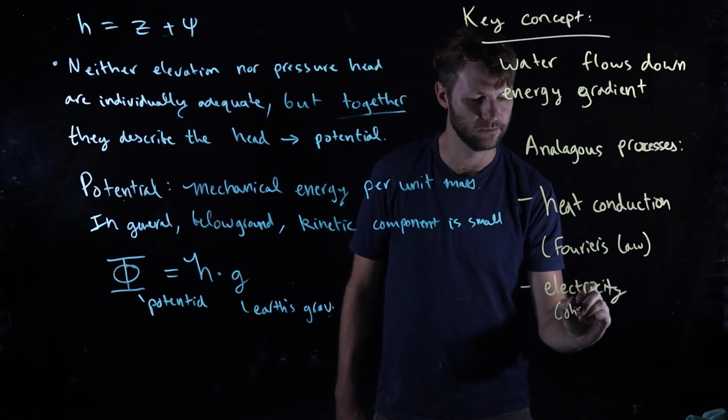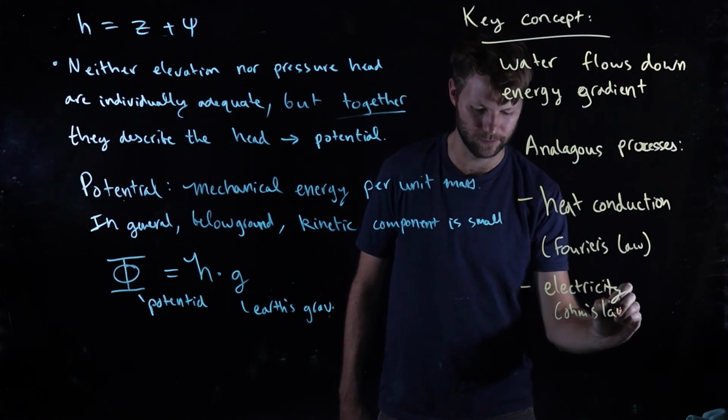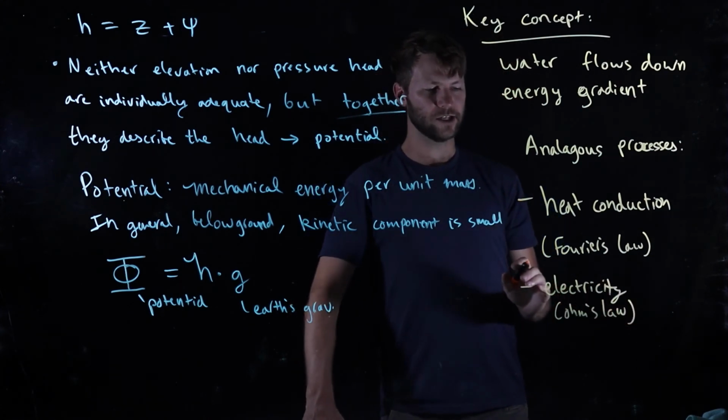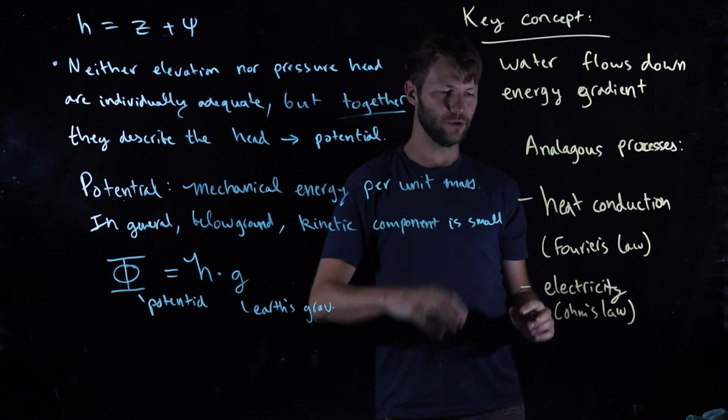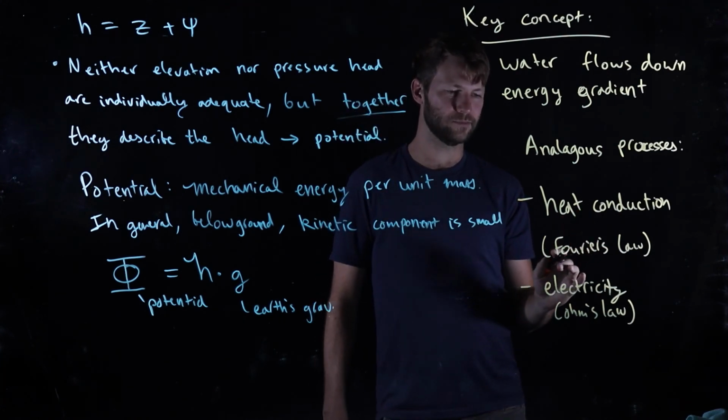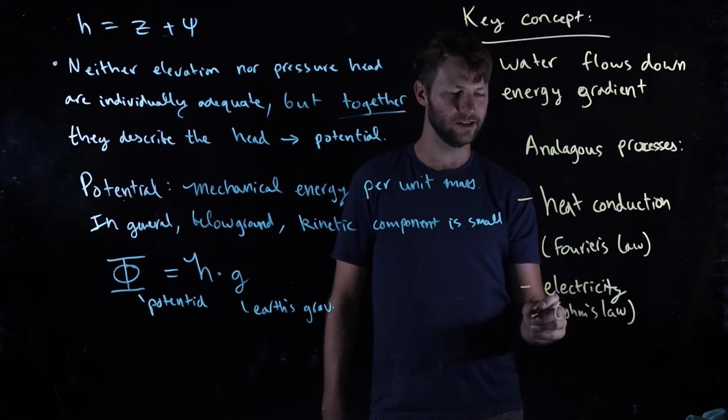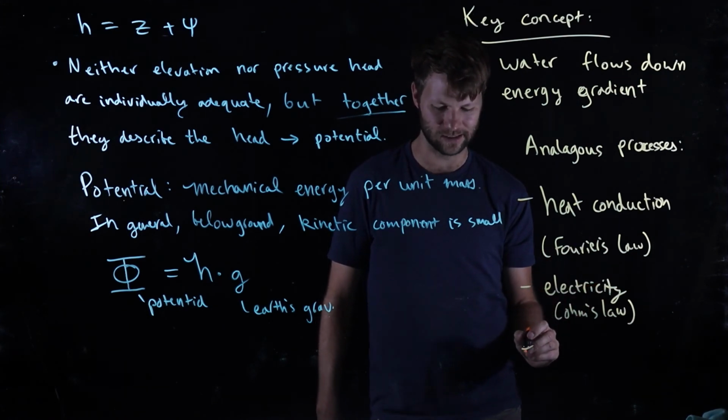We know electricity and Ohm's law, for example. We know that electric current flows from areas of high voltage to low voltage in a linearly related, linearly proportional way, just like Darcy's law.